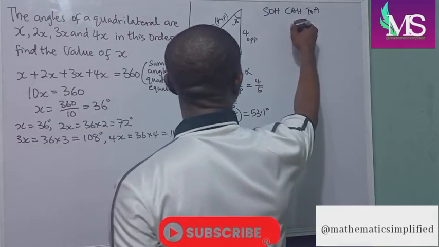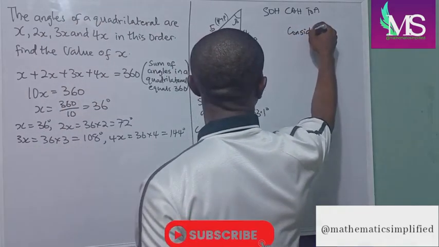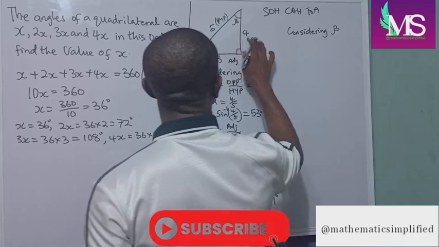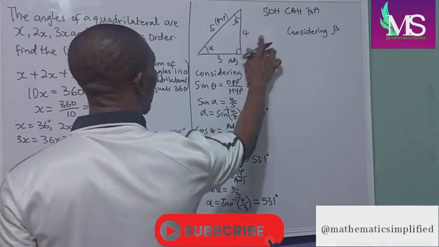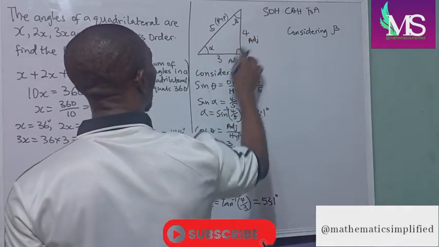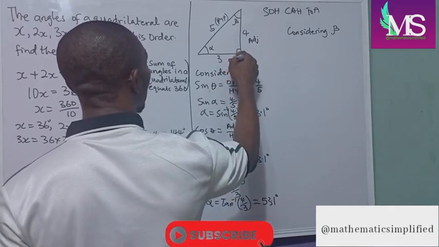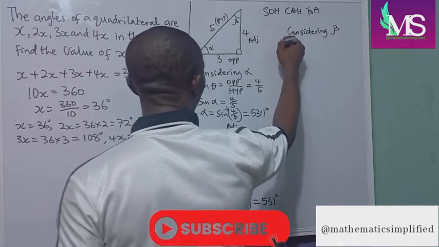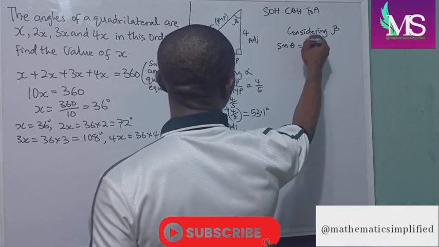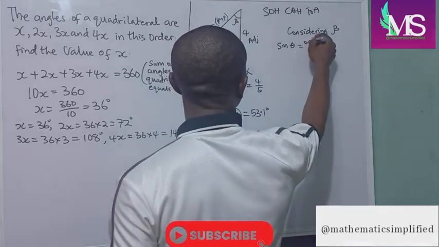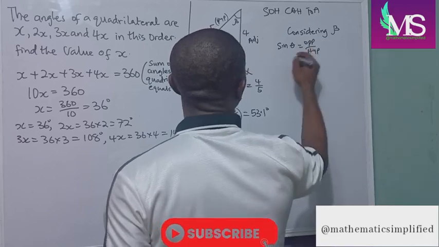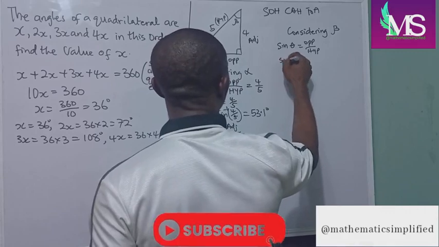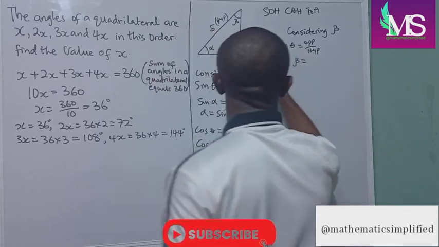Now, considering beta, here becomes adjacent and here becomes opposite. So this will give us sine theta, which is still opposite over hypotenuse. Now, our sine beta equals what?